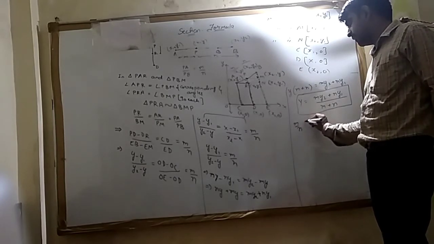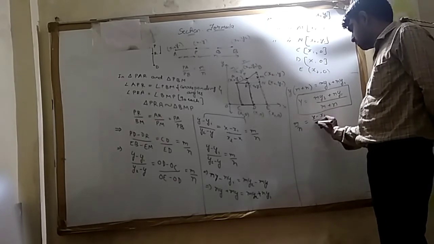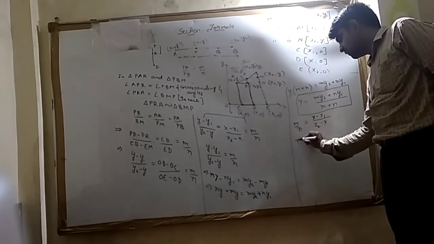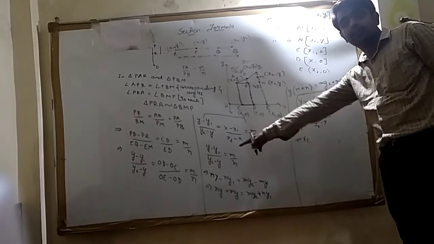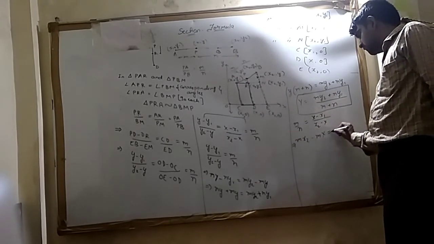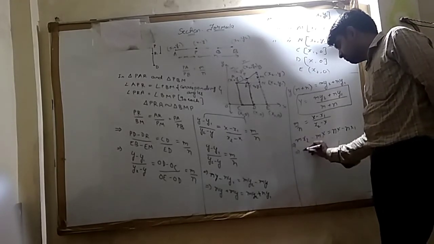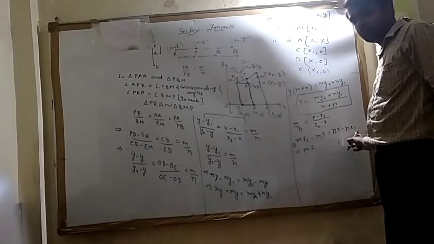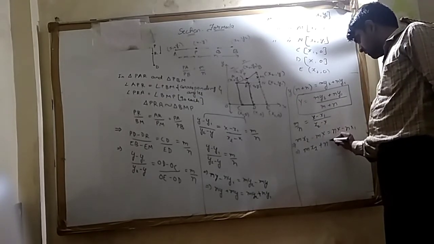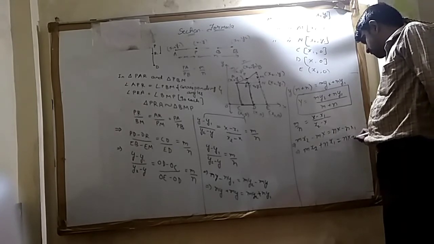Similarly, now equating these two, we have m by n is equal to x minus x1 upon x2 minus x. Cross multiply, same as we have derived there, we can derive here as well. Mx2 minus mx equal to nx minus nx1. So mx2, this negative I will bring here, becomes positive, plus nx1, and this becomes equal to nx plus mx.